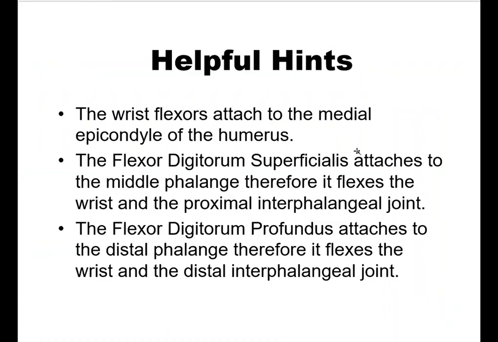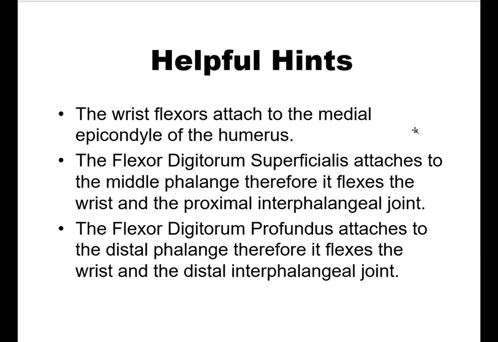Some helpful hints. The wrist flexors attach to the medial epicondyle of the humerus. If you just memorize that as their proximal attachment, that saves a lot of time. Flexor digitorum superficialis attaches to the middle phalange, and therefore it flexes the wrist and the proximal interphalangeal joint.